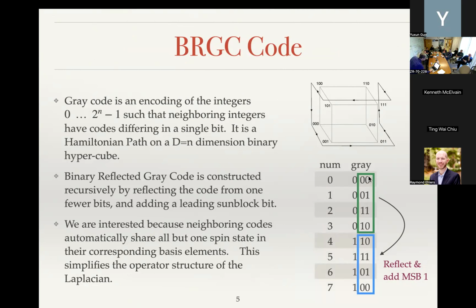Every time you have two codes with a difference in the lowest bit, it would cause contributions in each direction, because if you apply sigma x to that state, it's going to exchange a 0 for a 1 in that bit. Simple enough. So it's going to make symmetric contributions between 0 and 1, between 2 and 3, between 4 and 5, and between 6 and 7, every other one.